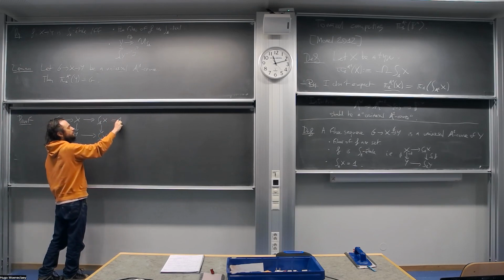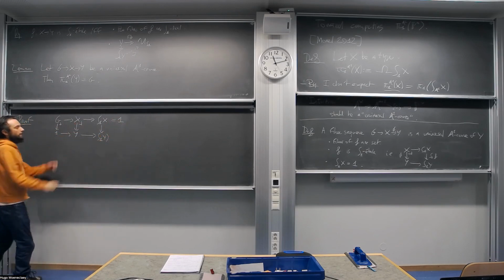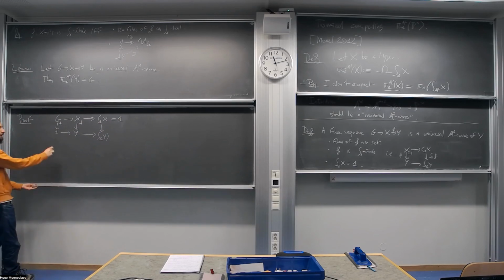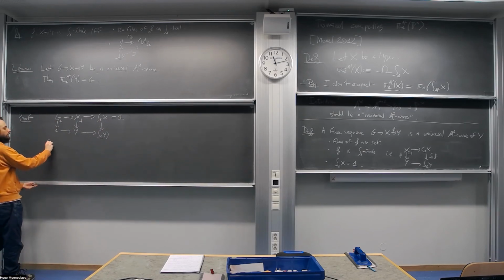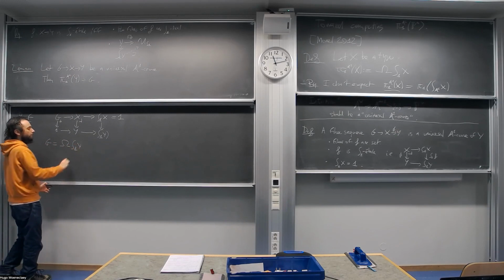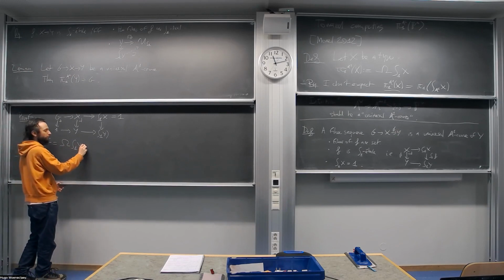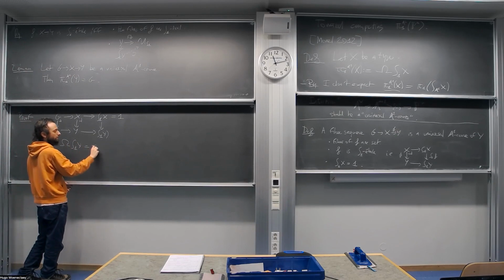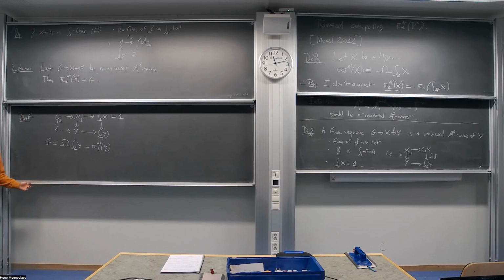But actually, this is equal to one. And so by pasting the pullback, we get that G is the loop space Omega 1 of the shape one of Y, which was the definition we took of this.